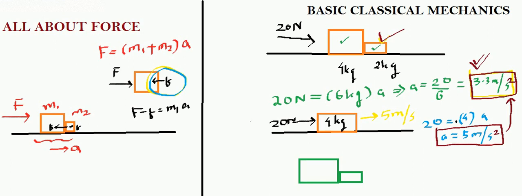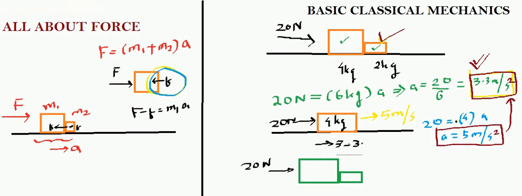So the moment we see that the first block has the capacity to go at an acceleration of 5 meter per second square when this block is alone and acted upon by a 20 Newton force. So when the first block is alone, it can go with an acceleration of 5 meter per second square. But the presence of the second block is making this first block move with an acceleration of how much? 3.3 meter per second square.